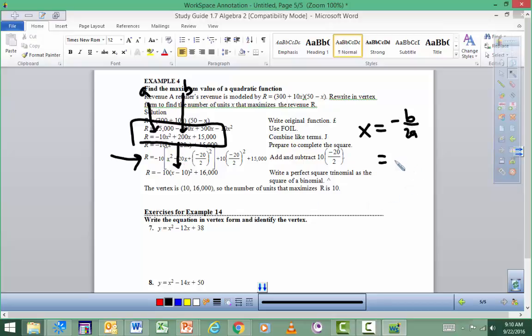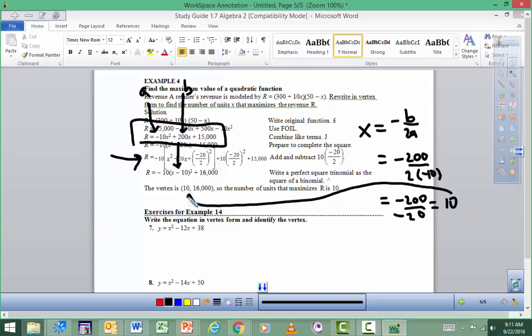So you would have written this as like negative 200 over 2 times whatever a is. Well, a is negative 10, and so we would have gotten negative 200 over 20, and a negative divided by a negative is a positive, and I think this would have been just 10, right? And see, notice that the x coordinate is the same, okay?